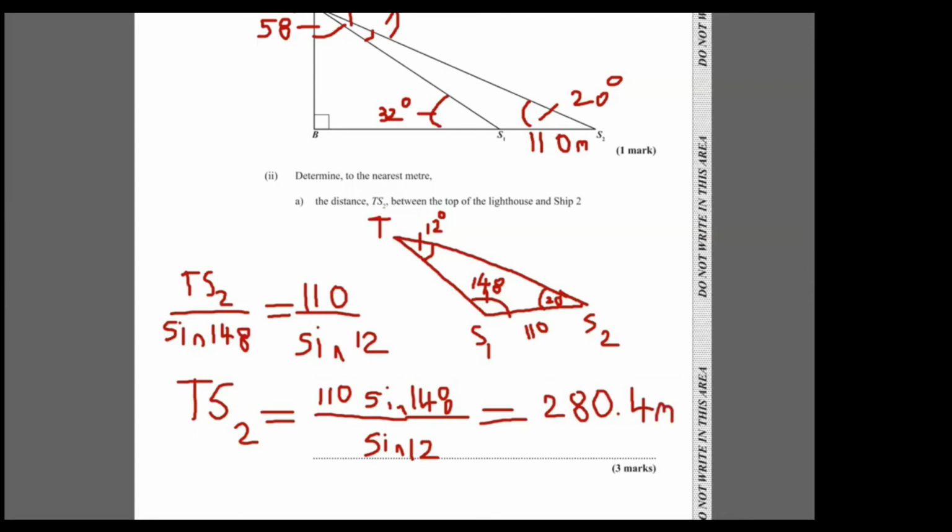Nice and easy. It said to the nearest meter, so let's drop the 0.4 and put 280 meters. So that's TS2.